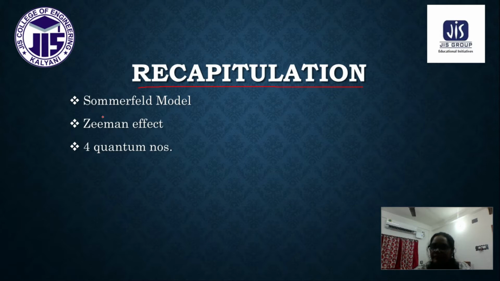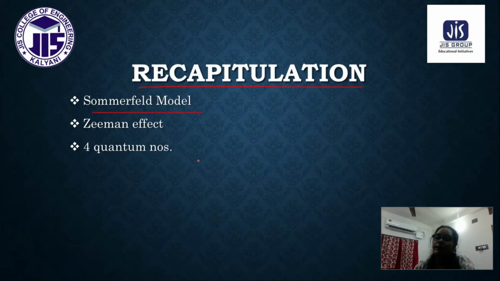In the previous class, we discussed the Sommerfeld model. According to the Sommerfeld model, the electrons are revolving around the nucleus in an elliptical orbit. For that, for each and every principal quantum number, we have some sub-levels of energies, like s orbital, p orbital, d orbital, f orbital.